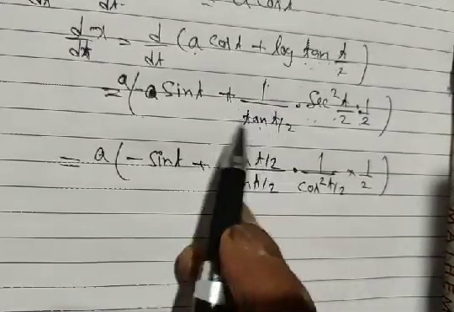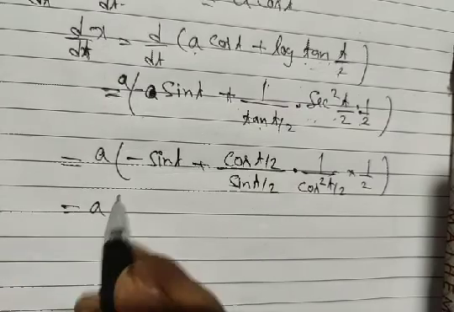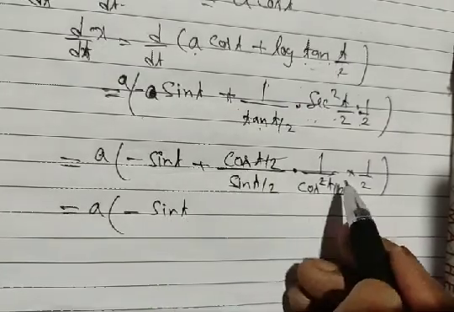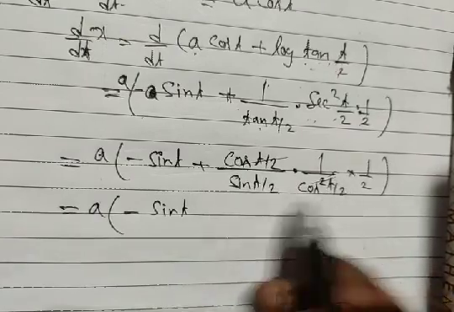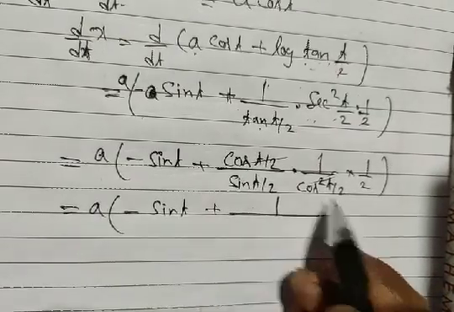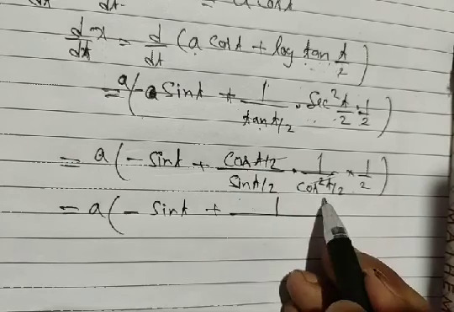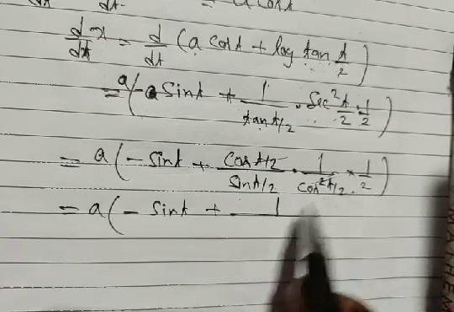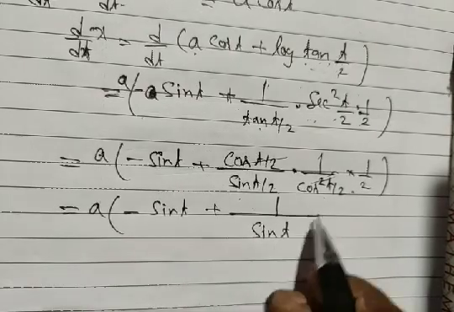We are further simplifying it. Now we have minus sin t, this cos(t/2) and cos² is cancelled out. Then we have plus 1 upon 2 sin(t/2) into cos(t/2). This is equal to its identity, 2 sin a cos a, so we get here sin t.